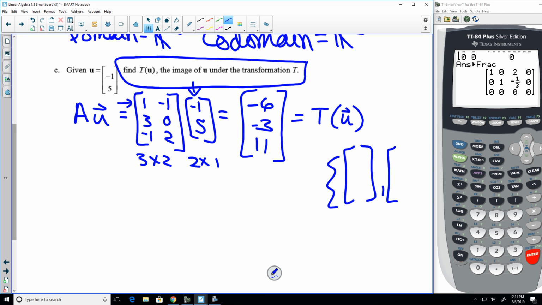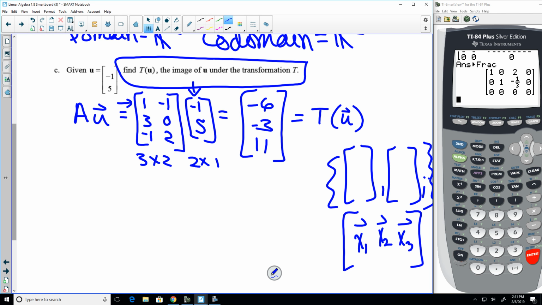These are my vectors in the set, separated with a comma, close it off. Set of vectors. And a matrix that has column vectors in it, you could write it this way, you can write it like that, but it's in a matrix.